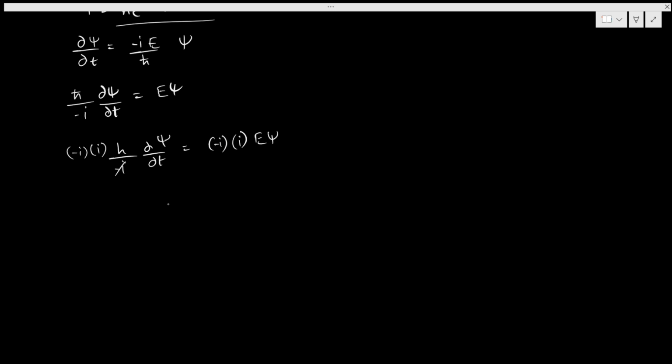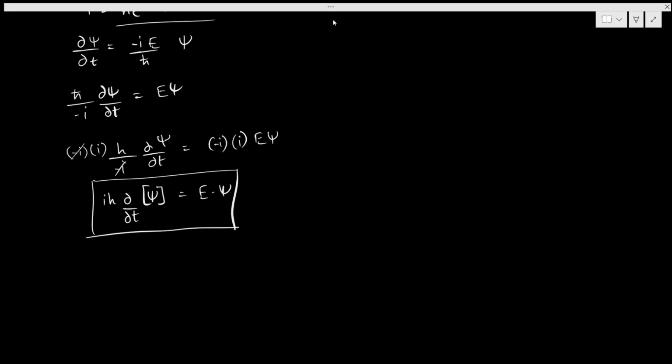And this cancels. So you have i h cross ∂/∂t of psi is equal to E into psi. Again, this is your eigenvalue equation. And from that, we can say that this part alone becomes your energy operator, which we have denoted as E cap.